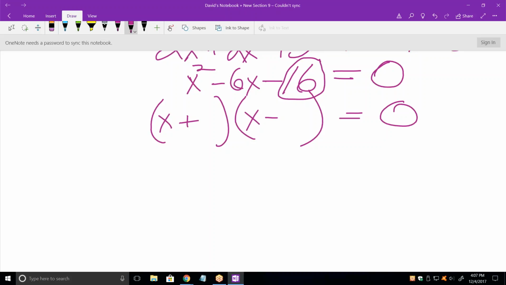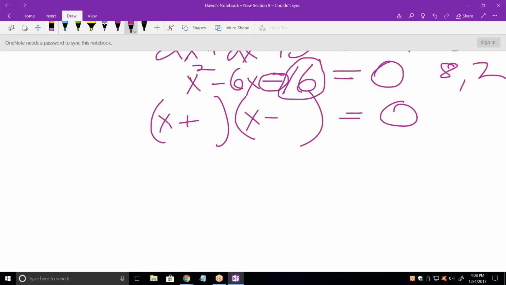So now, the other thing is it's factors of 16 that don't add, but they subtract because of that negative sign. So the third step depends on the sign in front of the constant. The third step is factors of 16 that subtract to the number 6. What are they? X plus 2, x minus 8. Good. Well, the third step was finding the factors, 8 and 2.